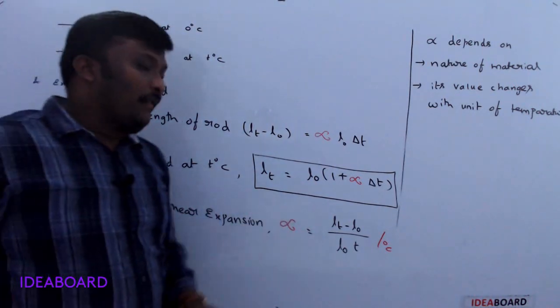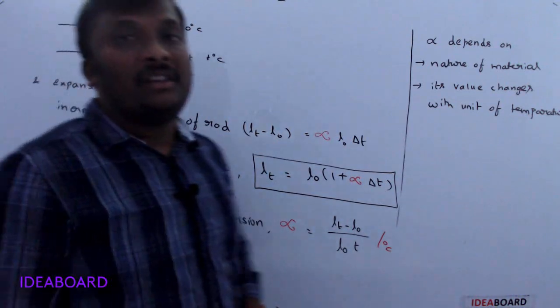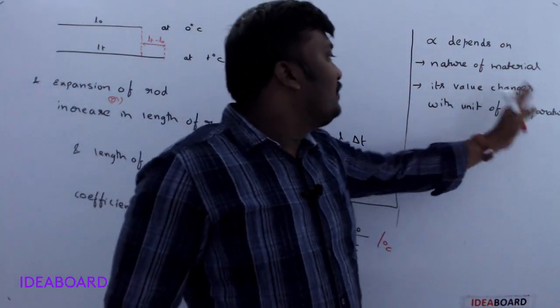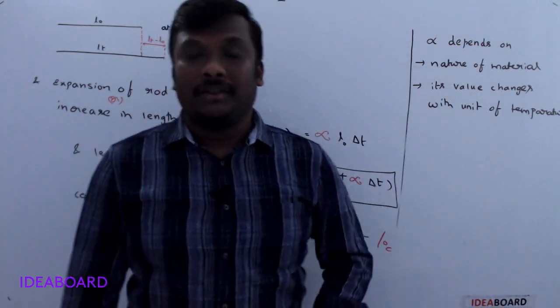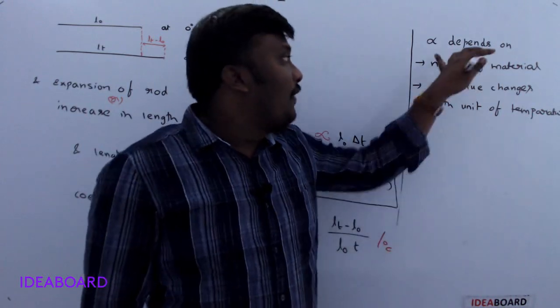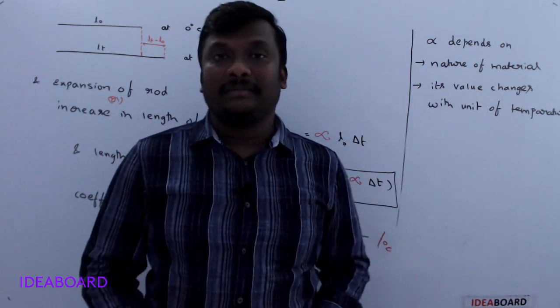This alpha is called the coefficient of linear expansion. It depends on the nature of the material, and its value changes with the unit of temperature. Also, as we mentioned in the last section, alpha is independent of the shape and size of the material.